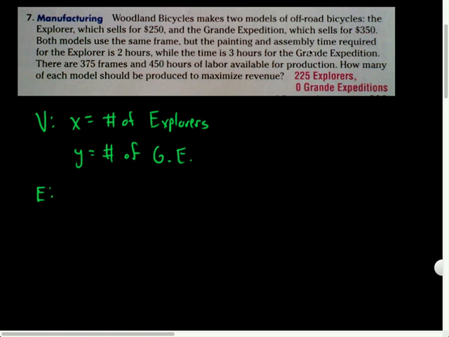let's see. I know one equation I'm going to write is regarding the number of frames available. And then the other one is going to be regarding hours of labor.